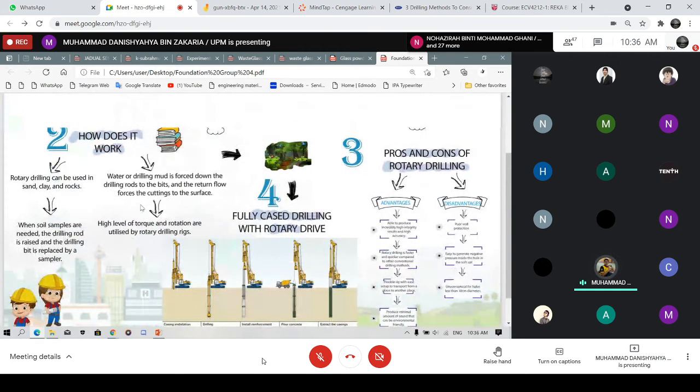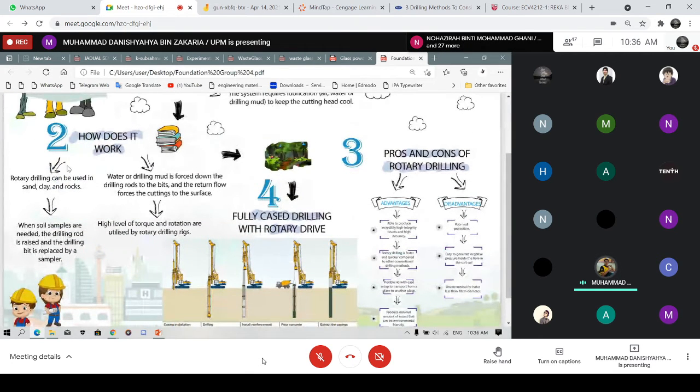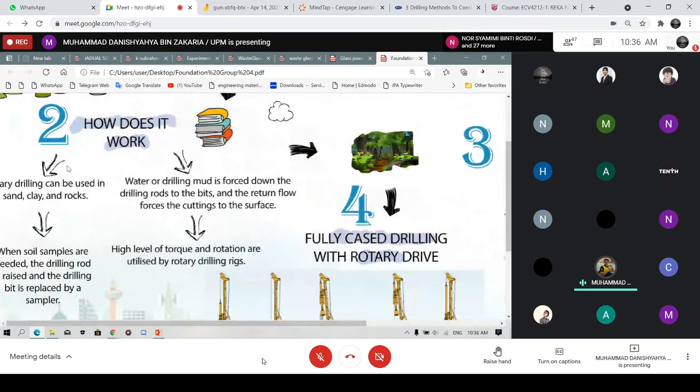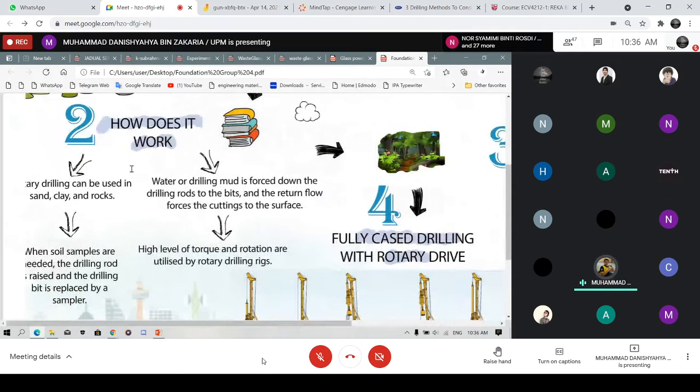Assalamualaikum and hi everyone. My name is Muhammad Bin Rashid with metric number 197348. Today I would like to explain how rotary drilling works. First of all, rotary drilling can be used in sand, clay and rocks. It is always necessary to use either air or drilling fluids to reduce the friction on the drilling bit. Furthermore, it is important to cool the borehole to ensure the drill can continue to run flawlessly and mitigate any risk of the process going wrong.